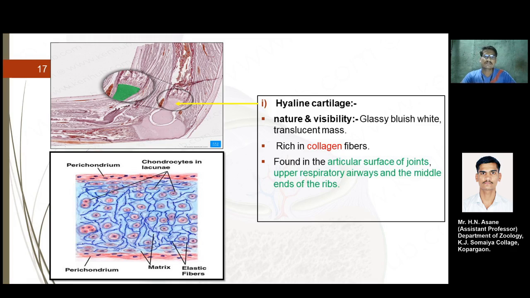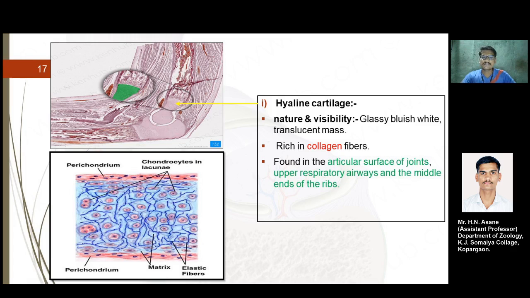And these hyaline cartilages are rich in collagen fibers. We have seen in the last lecture that collagen fibers give structural support for the tissue, and collagen type 2 fibers are used in abundance in the hyaline cartilages.